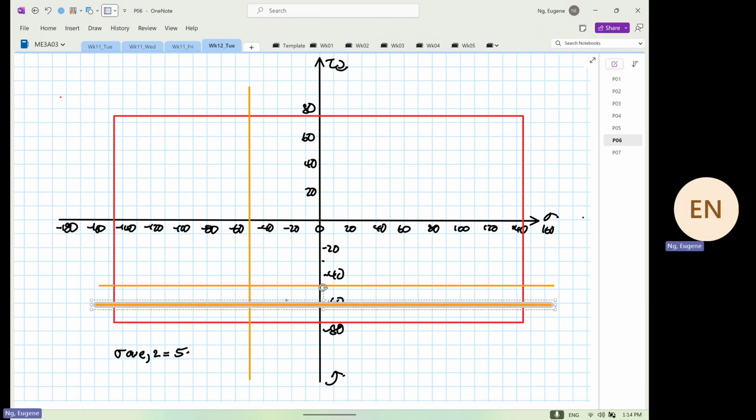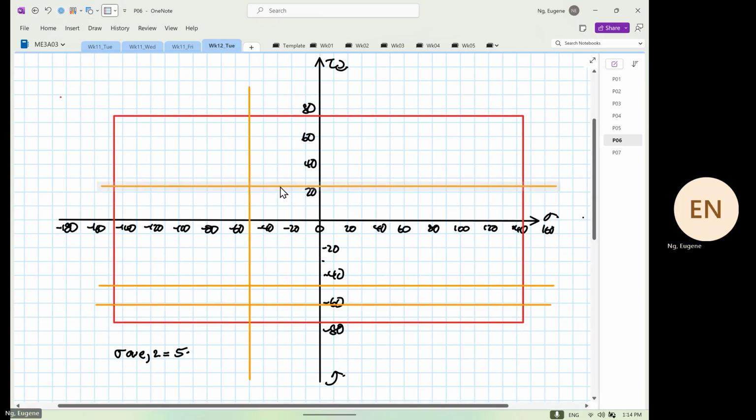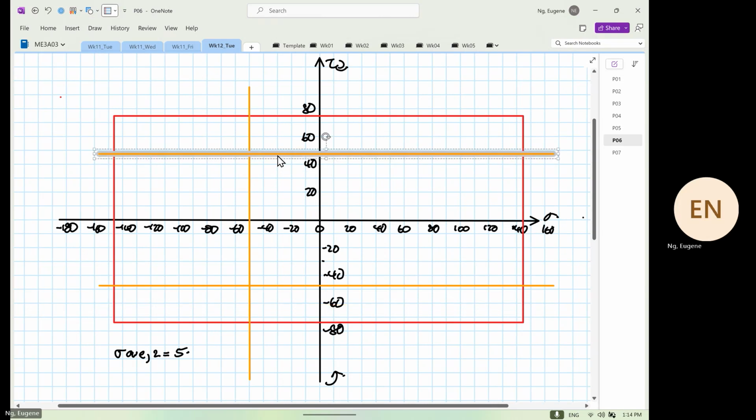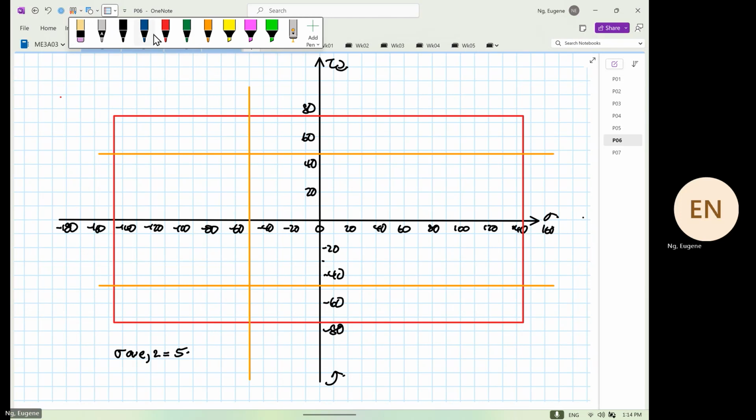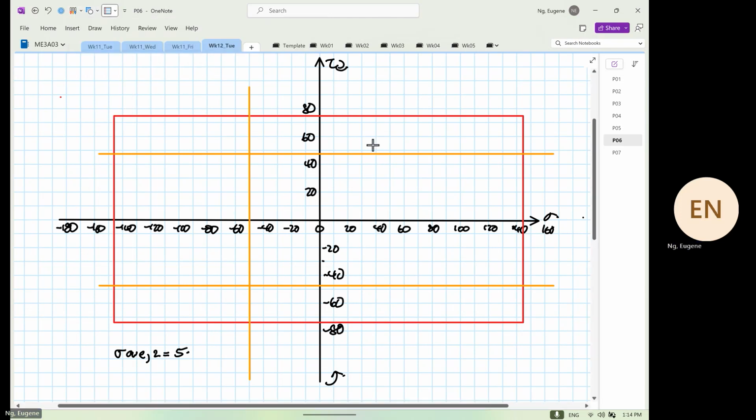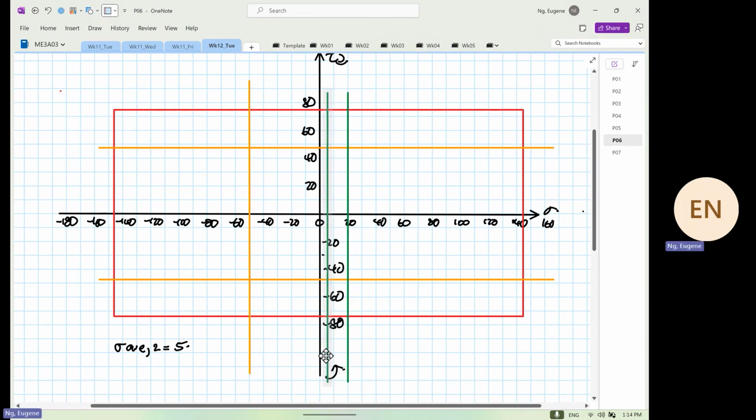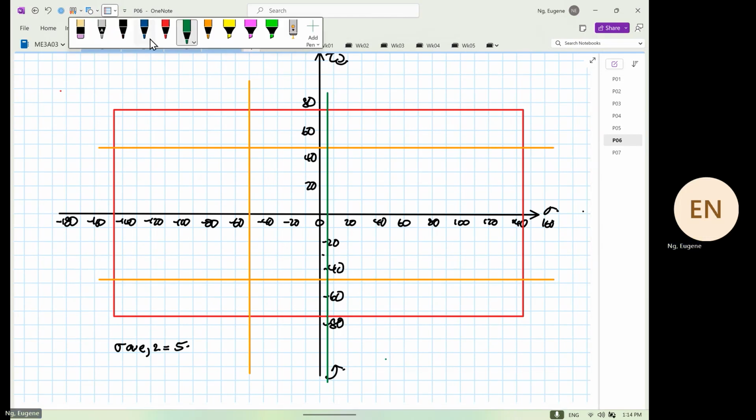Then we have another 48. Okay. And then we have a 5 as our center. So this is our 5. Okay. So we know the next line.